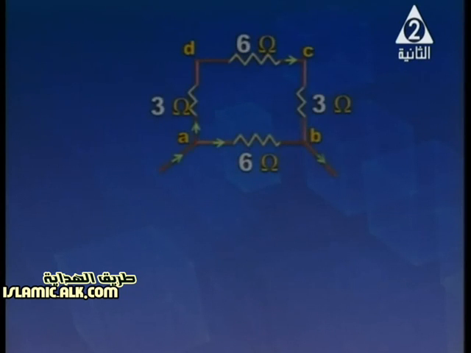And now it's all easy to calculate our total when we know where the current enters and leaves the group, the parallel combination. Here we've got a battery or a source applied across AB.